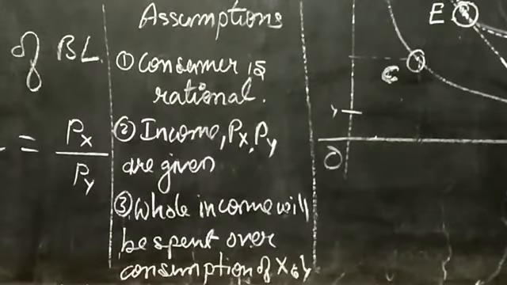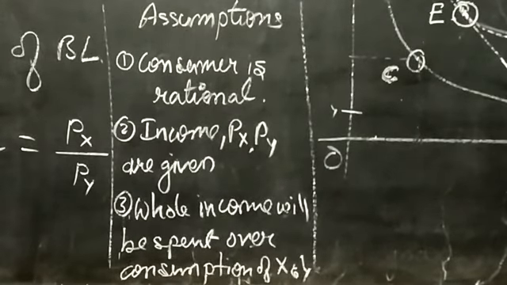A few assumptions are there for the explanation of consumer's equilibrium. The first assumption, as we have taken in all the theories, is that the consumer is rational. It means the consumer is very intelligent and he wants to maximize his satisfaction with minimum income. The second condition is that income is given and remains constant.